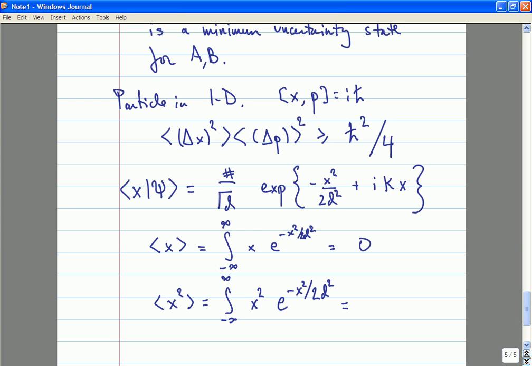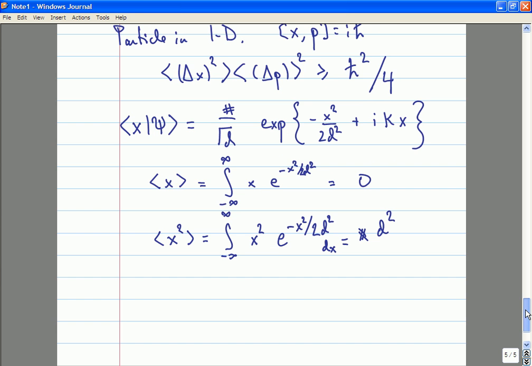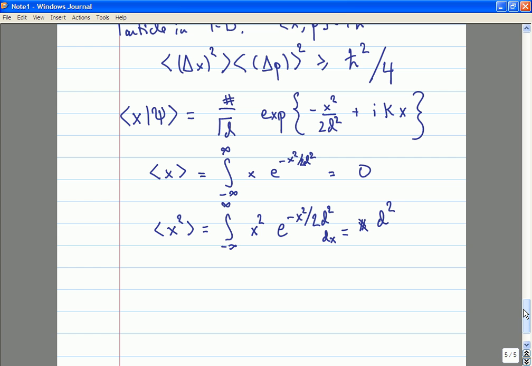This is an integral dx of x squared, so I could figure out the d dependence just by rescaling x by a factor of d. Then that x squared will rescale by a factor of d squared. So you get an answer which is d squared, times some number. The nice thing about teaching an advanced class like this is I never have to calculate any constants of order 1. It makes my life very easy.